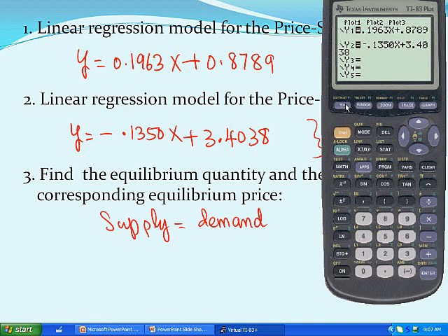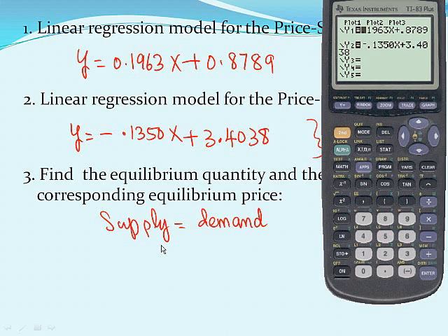Here is question 3. Find the equilibrium quantity and the corresponding equilibrium price. In order to get the equilibrium quantity and the equilibrium price, we need to equate the supply and demand. We can do this on the calculator too. Enter both the supply model and the demand model as Y1 and Y2.